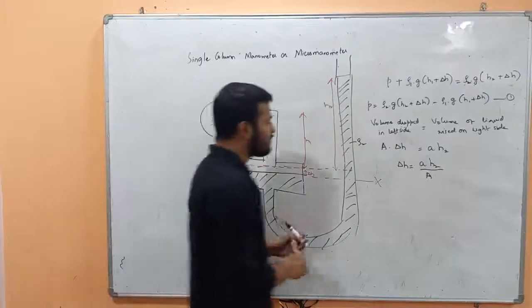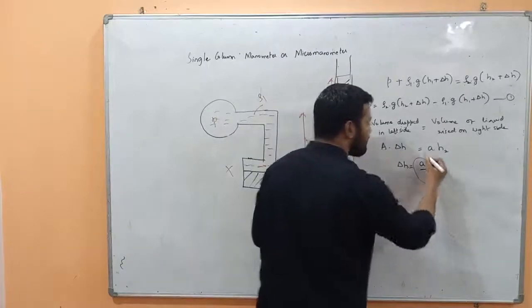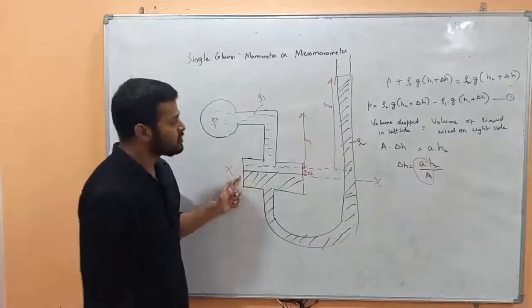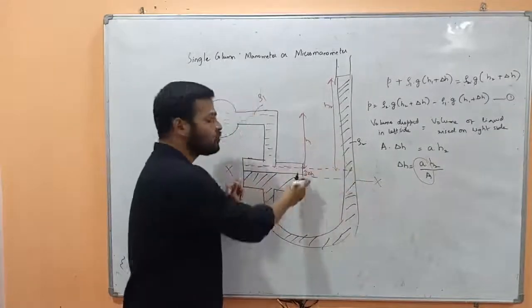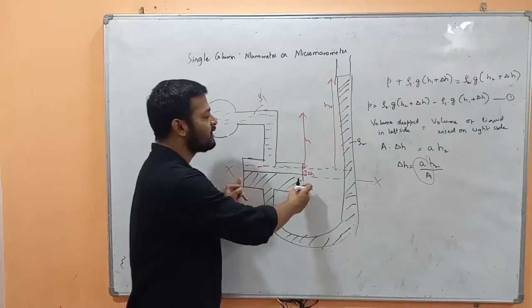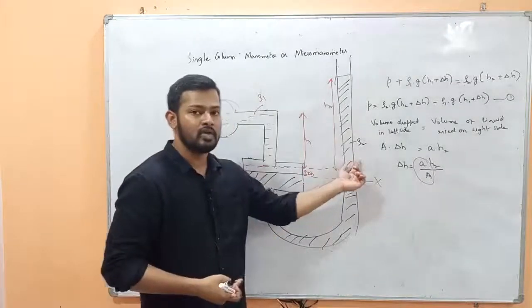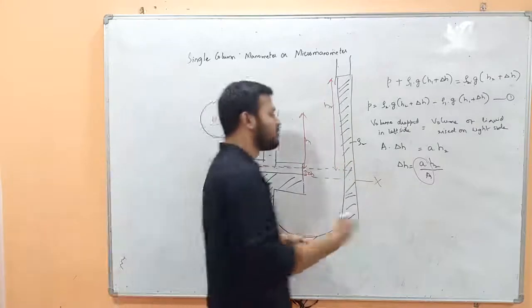Now see this term, small a by capital A. That means this area divided by this area. This area is very small compared to this area, almost 10 or 100 times bigger, so we will get a value somewhere around 0 point something.